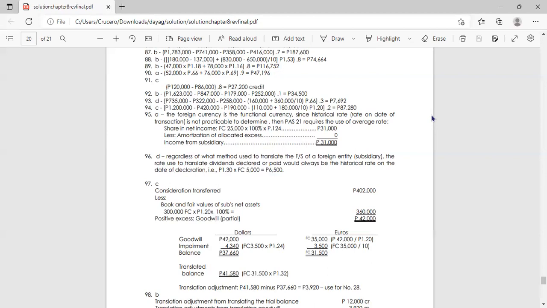So for number 93, the income to non-controlling interest is letter B, 7,692. Then for number 94, okay, we now have number 94 here.